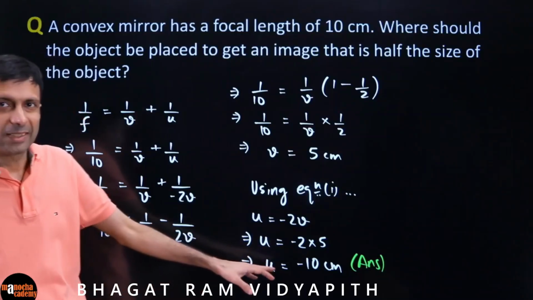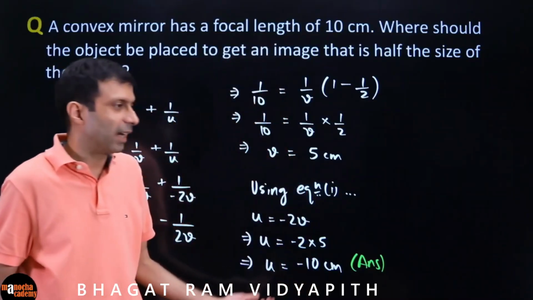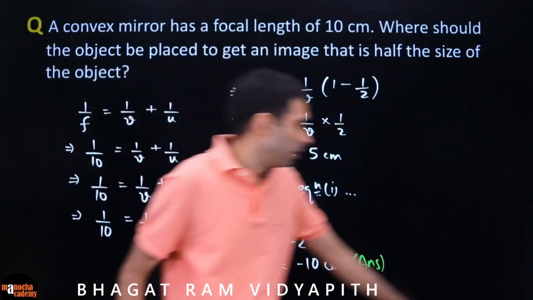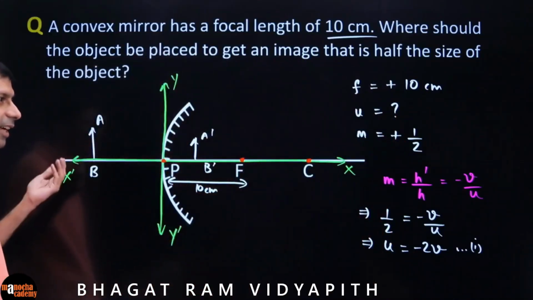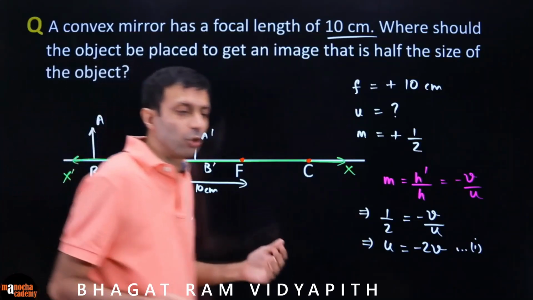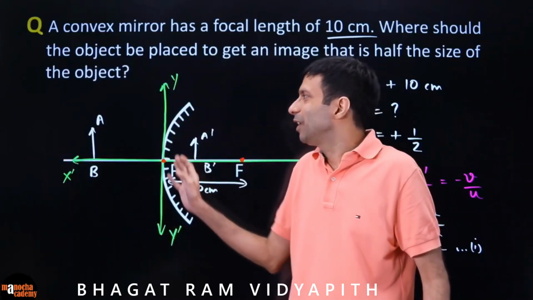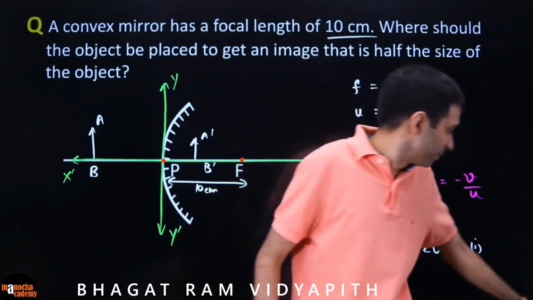So what is the meaning of minus 10? How will you write the answer? You better not just leave it like that, better to write in sentence form. Therefore, the object should be placed 10 centimeters. Why is it negative? Because it's on the negative x-axis. So the object should be placed 10 centimeters in front of the mirror. That's how you write your answer.